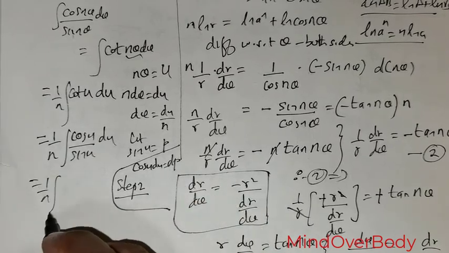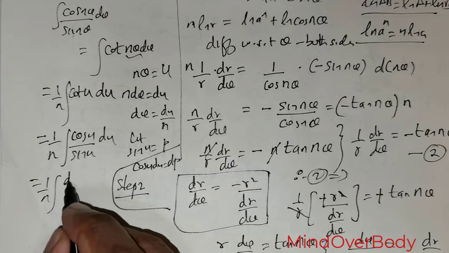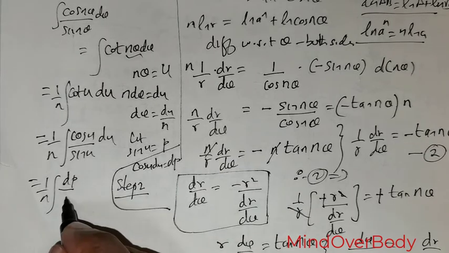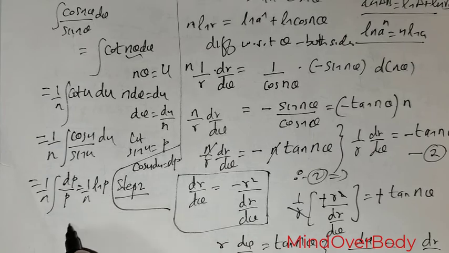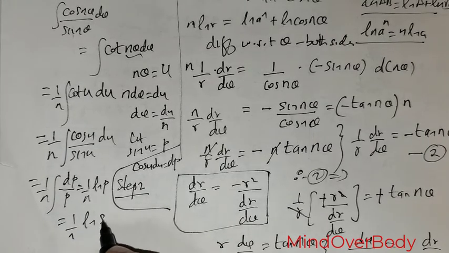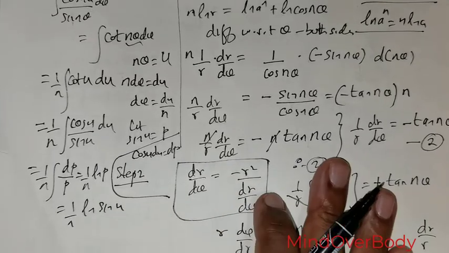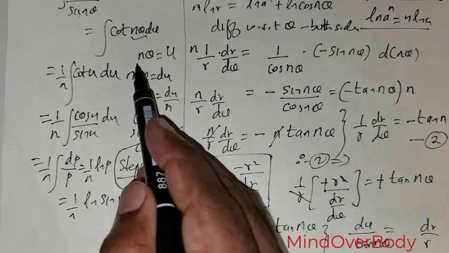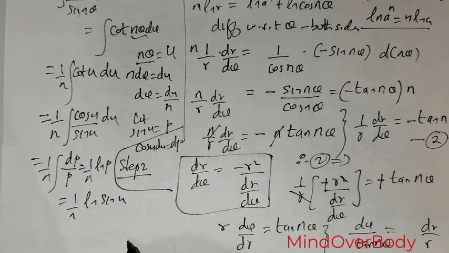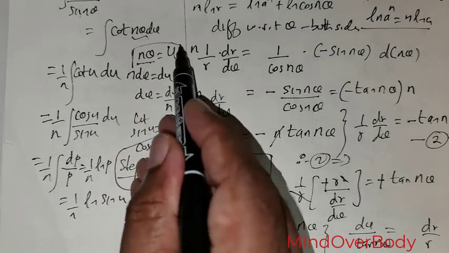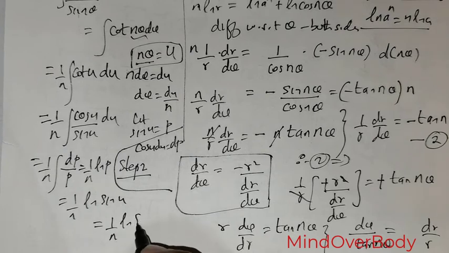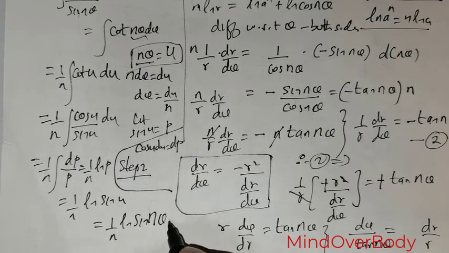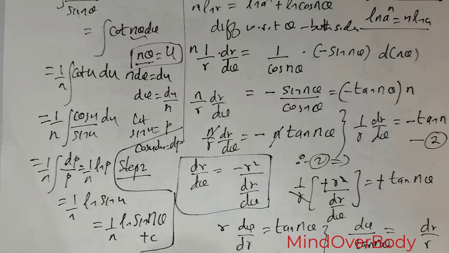So this is going to be 1 over n, cos u du is dp, sin u is p, so this is going to be 1 over n ln p. My p is nothing but sin u, but my u is nothing but n theta, right? So I need to revert it back. So this is going to be 1 over n ln of sin n theta. Of course, there's an arbitrary constant.